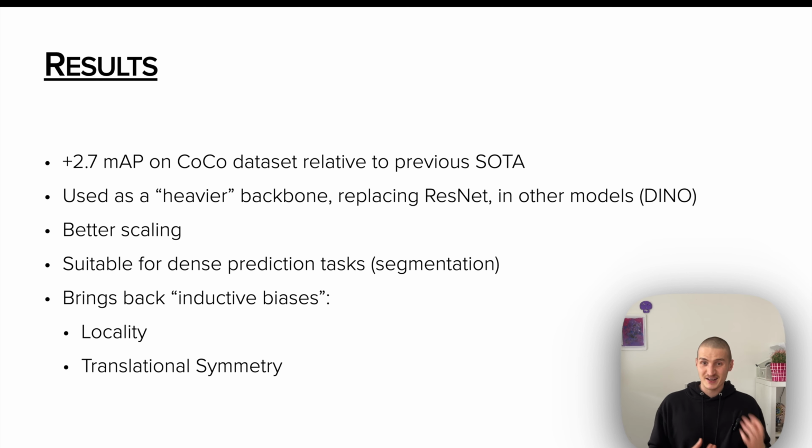CNNs are effective because they have this inductive bias embedded into the architecture itself that says that we need locality, meaning that to understand what it is, we need to look at the neighboring areas, and we need translational symmetry. So the philosophy behind ViT was: let's not do that. Let's instead have some generic architecture based on transformers and just a lot of data. And then hopefully the model will learn useful things on its own.